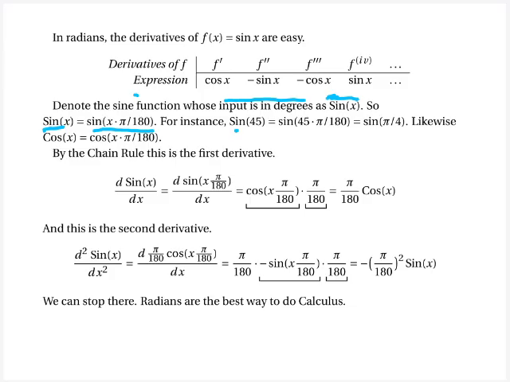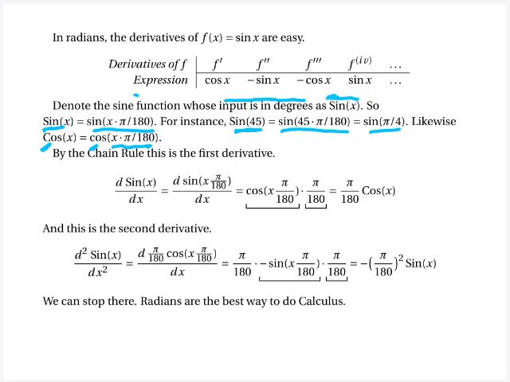Just as an instance, if I was to ask for the sine of 45 degrees, then I'm converting that to the radians function by taking 45 times pi over 180. The 45 cancels with the 180, and that's sine of pi over 4, and we recognize that pi over 4 is indeed 45 degrees. Likewise, a cosine with a capital C is going to be the familiar lowercase cosine of x times pi over 180. So there's that conversion factor, that fudge factor, in both cases.